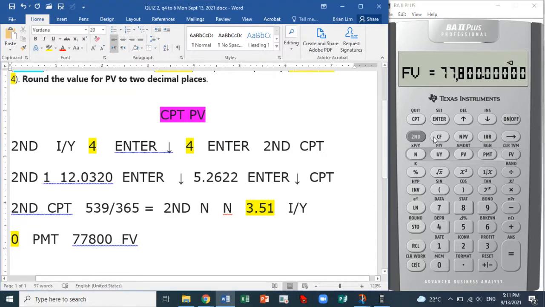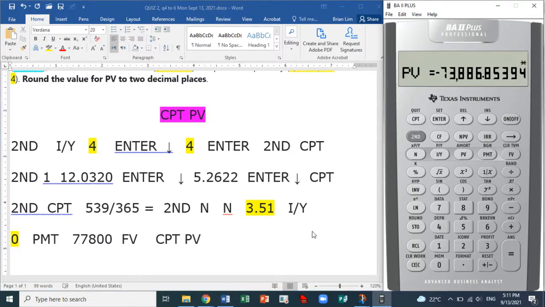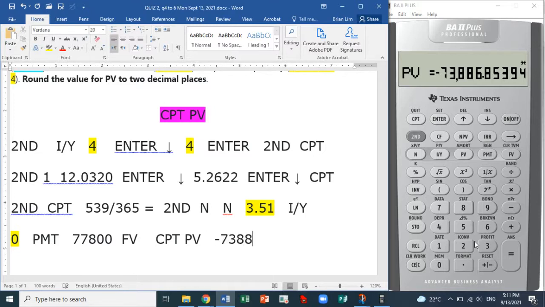And next thing now we have to do what? Well, we have to compute the present value. So we do that, we compute the present value and we get a negative number. We can ignore the negative sign, 73886.85.